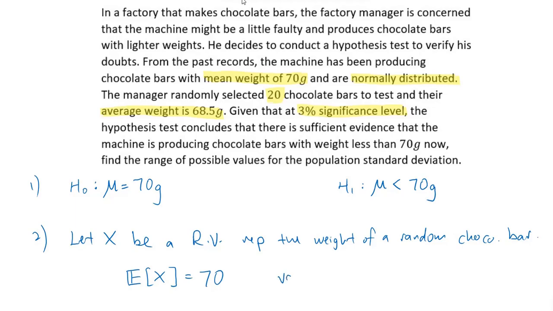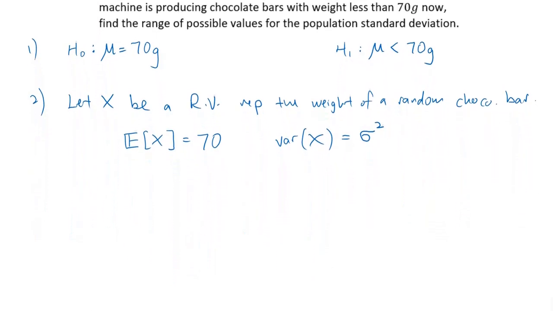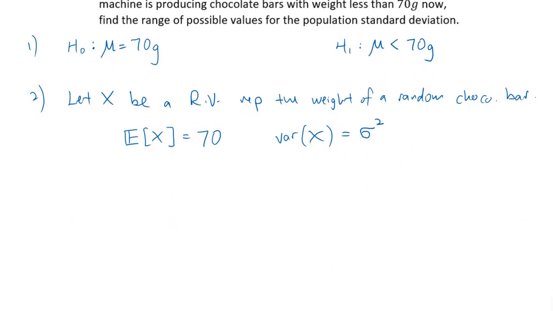But the variance is not given, right? That's fine. We're just going to use the sigma notation to represent the population standard deviation for now. Of course, we are given that X is a normal distribution here. So the mean is 70, variance is sigma squared.